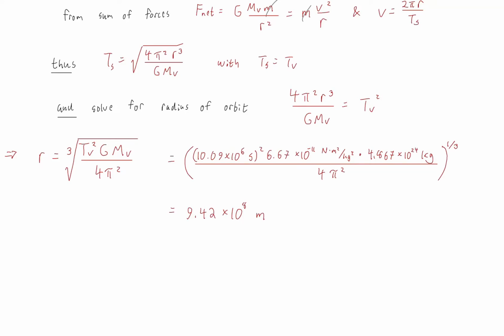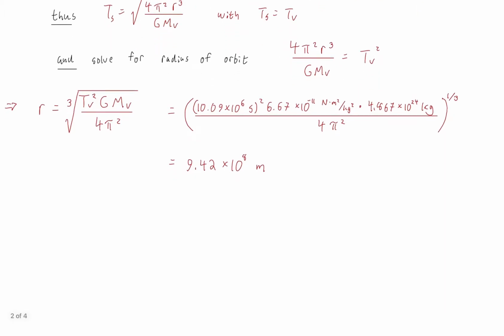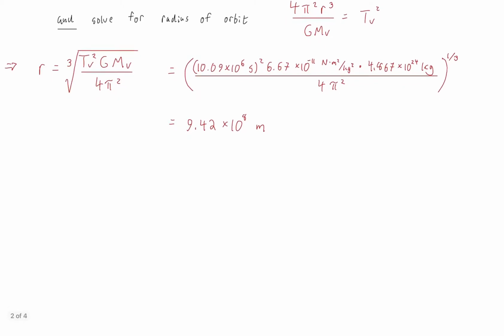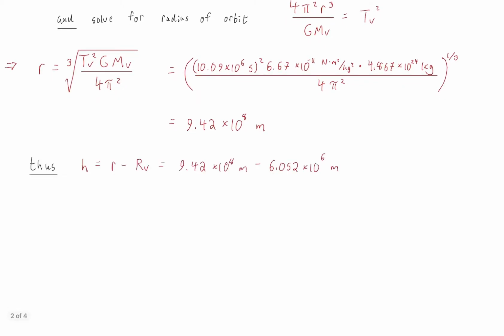Okay? To put that in perspective, the radius of Venus is about 6,000 kilometers. And here we're talking about 942,000 kilometers. That's so high above the planet that the planet would be a distant, faint dot from the view of the satellite. Okay? Here, since we were interested in the altitude, we'll go ahead and subtract the radius, right? Which isn't going to have a very big bearing, right?